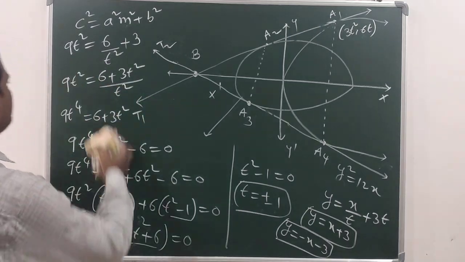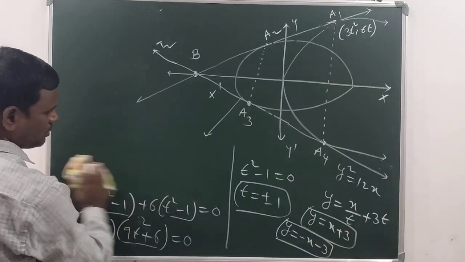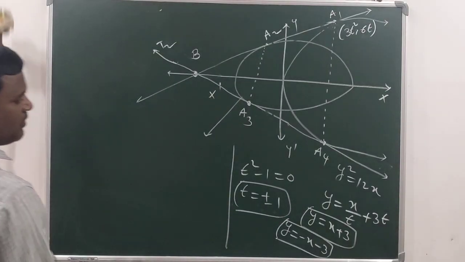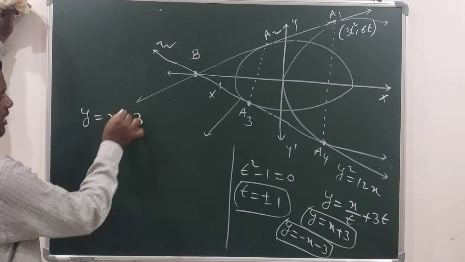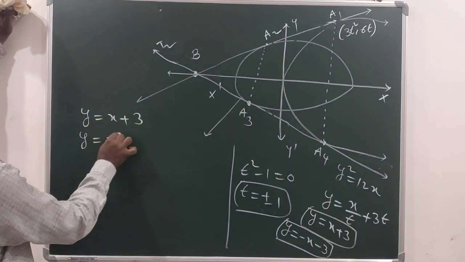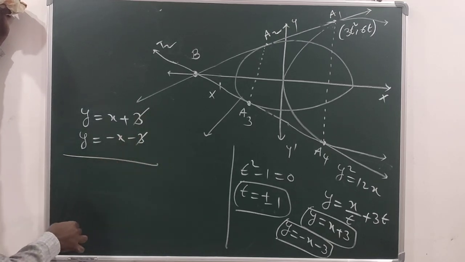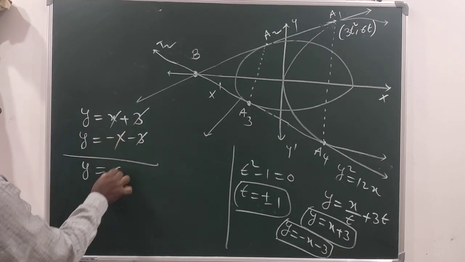Now solve both of them. So y equal to x plus 3 and y equal to minus x minus 3. I am adding both of them. Now y equal to 0.